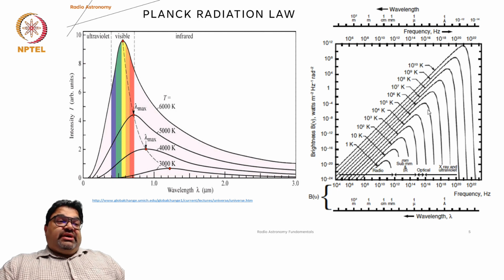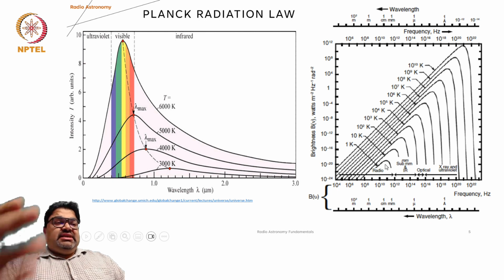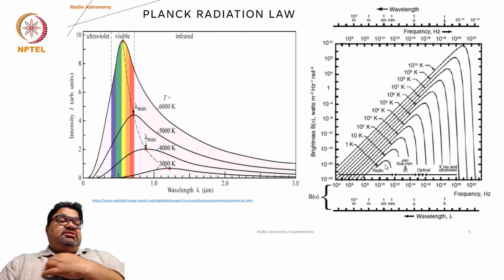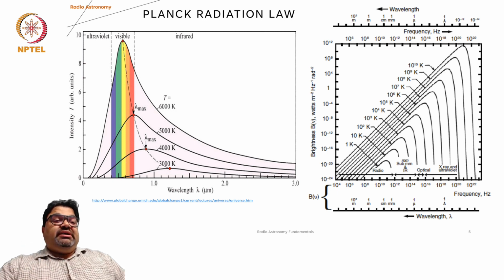Okay, that's quite significant actually. As the temperature rises, the peak in this emission spectra shifts from radio to submillimeter to optical, ultraviolet, and so on. It goes to higher and higher frequency. So it moves from radio to gamma rays in some sense as the temperature goes higher.